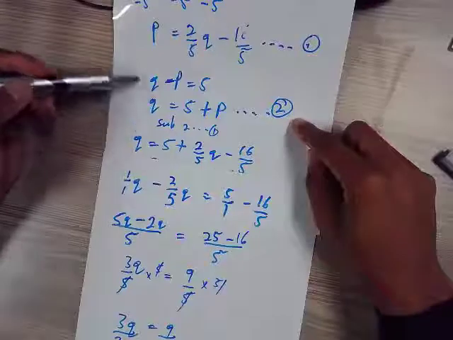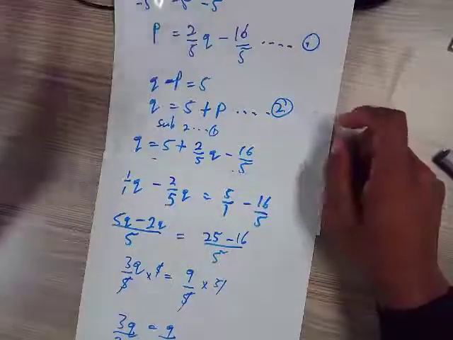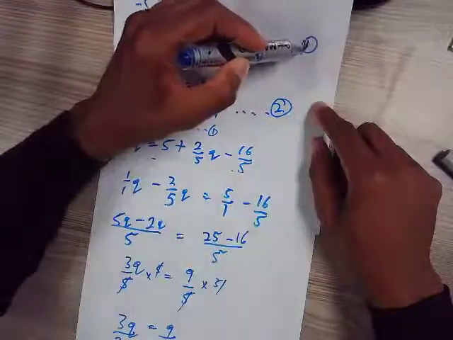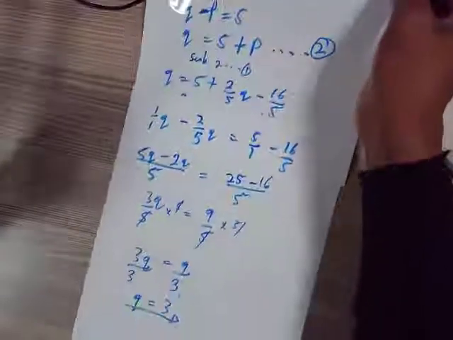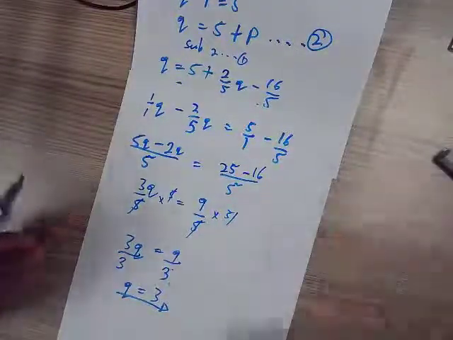So I go for an easier equation from both. That just makes your life easy. If you go for a harder equation, it will take you more time. You'll get to the same answer, but you need to simplify things for yourself. All right?